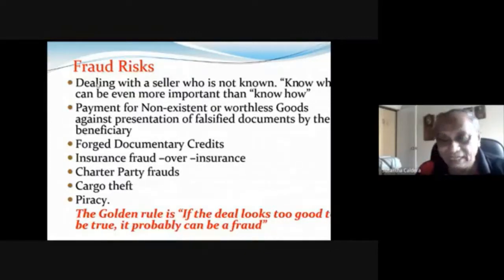Banking, international trade banking sector තියෙන්න පුළුවන් හොඳ golden rule එකක්. මගේ අත්දැකීමෙන් මම ලියලා තිබ්බේ if the deal looks too good to be true, it probably can be a fraud. මේකම ඔයගොල්ලෝ use කරන්න, if the customer is too good to be true, you have to be very careful.